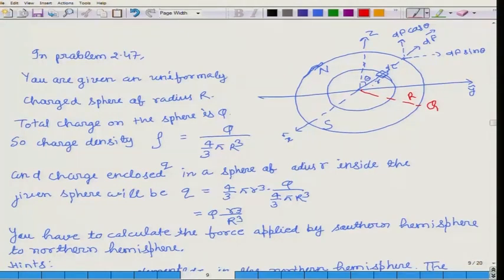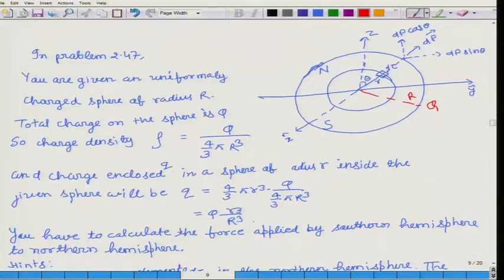If we take a small sphere inside this sphere of radius small r, the charge enclosed by this sphere will be q equal to 4 by 3 pi r cube into charge density, which is Q r cube over R cube.